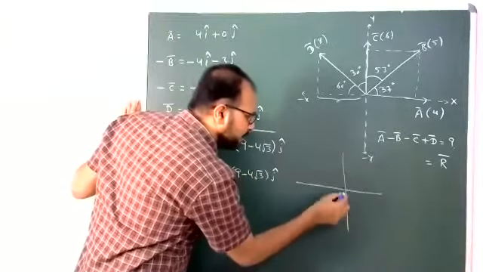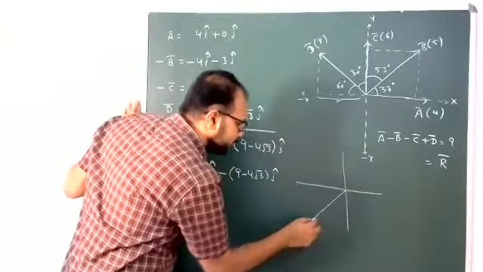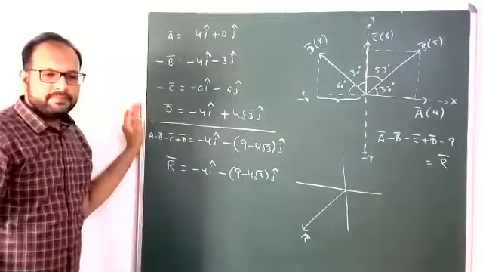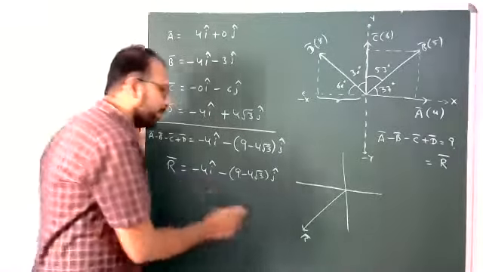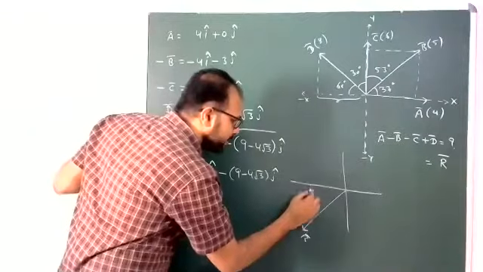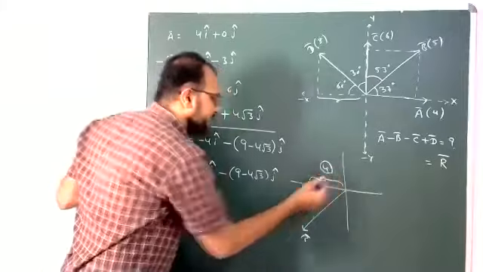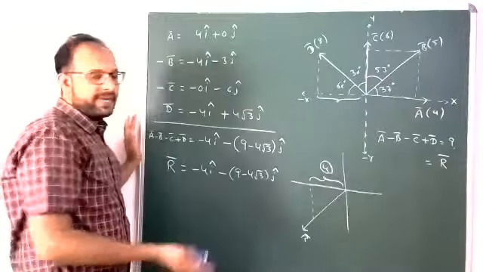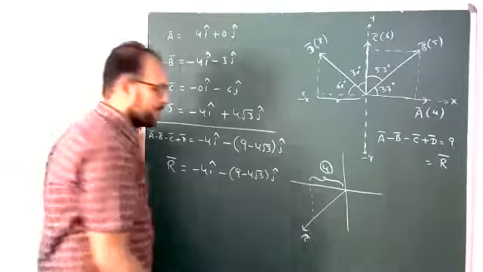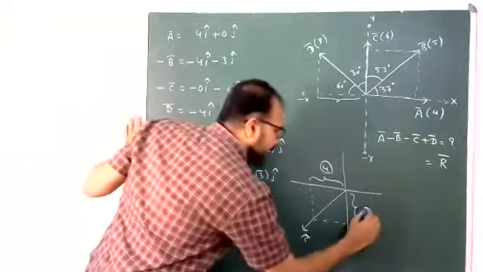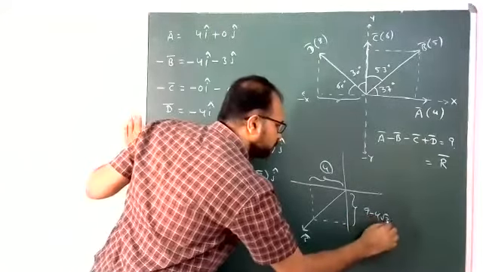This is the third quadrant, this is R bar. The x component is 4, because the direction is already written as minus. Next, the y component is 9 minus 4 root 3.